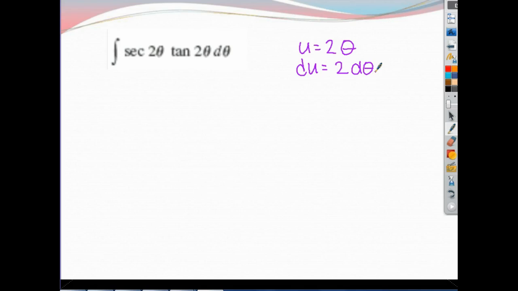We don't want the 2 because there's no 2 over here, so you divide by it. Get everything in terms of u's, and you have 1/2 secant u tan u du.